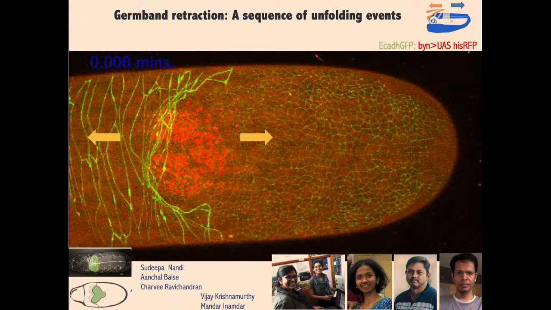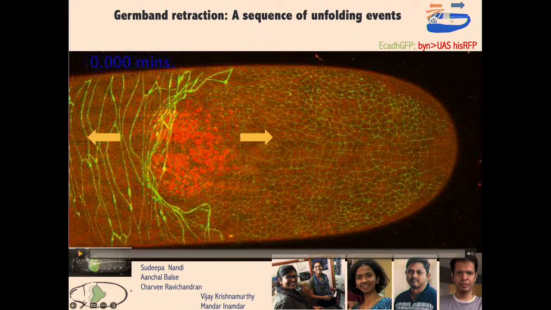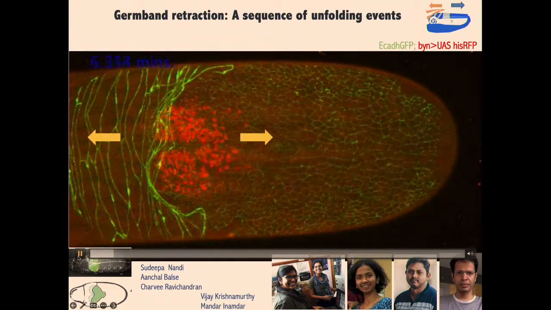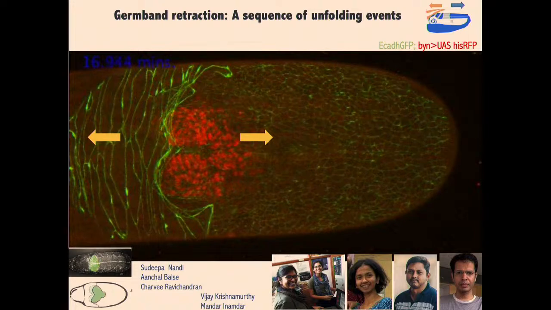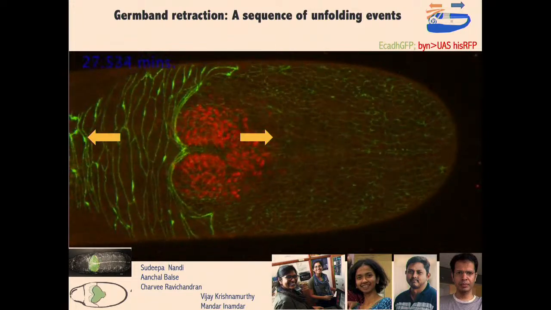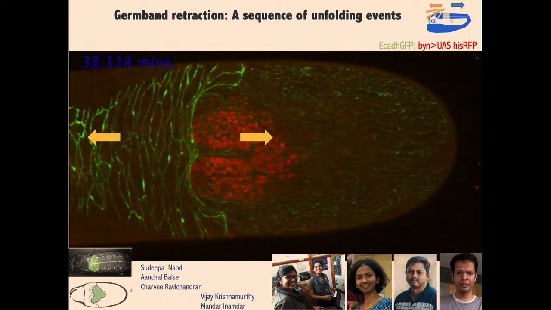This part of the embryo, you will see that this red heart-shaped structure here moves all the way to the back. So I'll play that. It's a little slow, but you will see that unfolding of this folded sheet is happening.